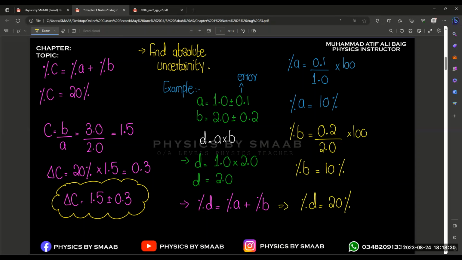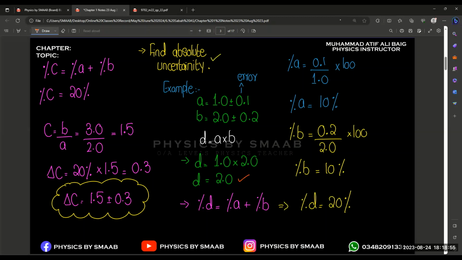And again, the final thing, we need to find out the absolute uncertainty, right? Because mostly our question ends up with the absolute uncertainty, because our original question is also in the form of absolute uncertainty. So we got a 20% error, and what is the actual value of D? That is 2, right?